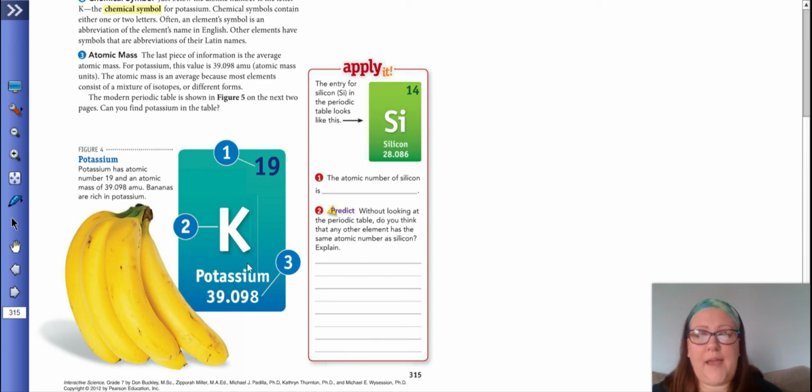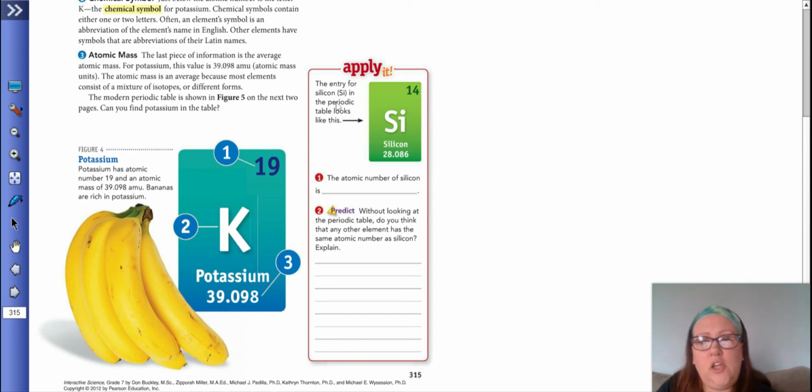If you notice here, potassium actually has a different symbol than its name. And a lot of times we'll see that in elements because their names and their symbols may have come from a Greek or Latin source. So, for example, lead, actually, its symbol is Pb. So there's different ways you can use to kind of help you to remember those, but just be aware that different elements, their symbols may not be the same letter as the actual first letters of the name of the element.